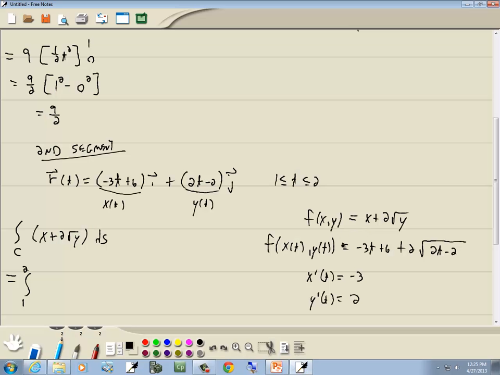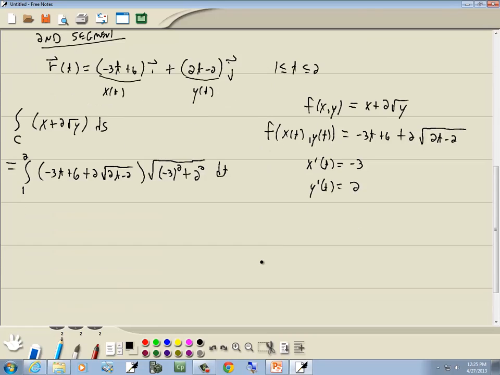Our function was this right here: negative 3t plus 6 plus 2 square root of 2t minus 2, in parentheses, and then times the square root of x prime squared, negative 3 squared, plus y prime squared, 2 squared, dt.